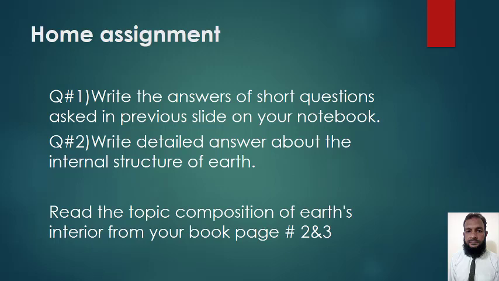In the same way, write these 3 parts of the Earth on your notebooks and describe it. Read the topic composition of Earth's interior from your book, page number 2 and 3.